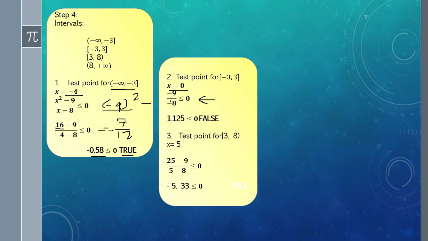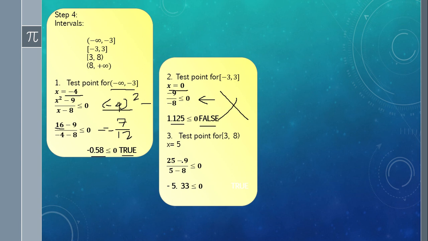As you simplify that, that's going to be 1.125 less than or equal to 0. The answer is false because that value is greater than 0 and it is not equal to 0. Automatically, that interval does not belong to the solution.